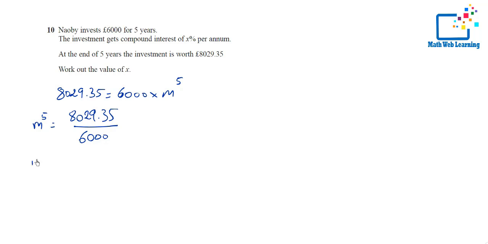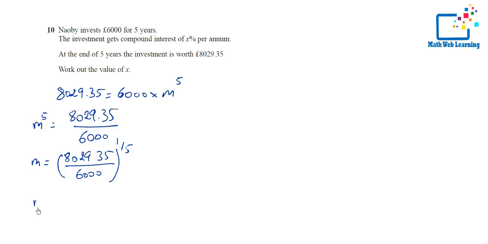On your calculator, you need to do this: 8,029.35 over 6,000, to the power of a fifth. Or you could do it as a fifth root.